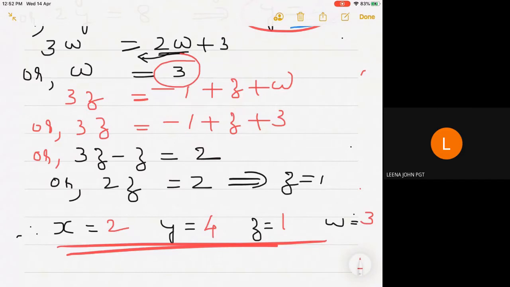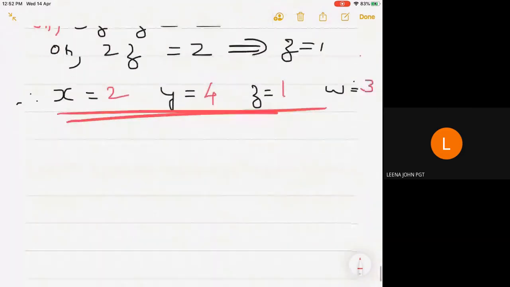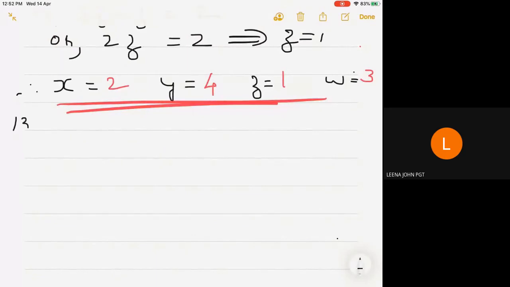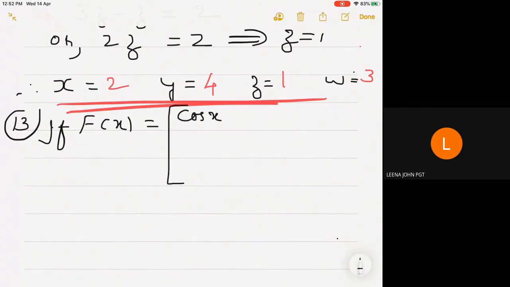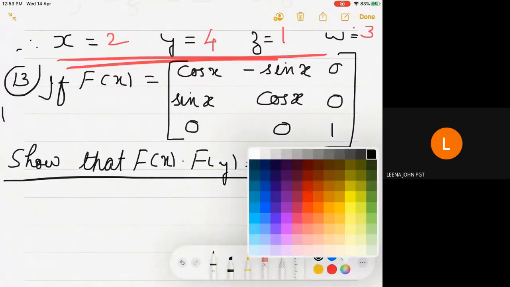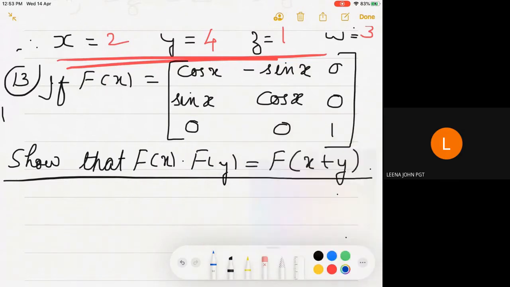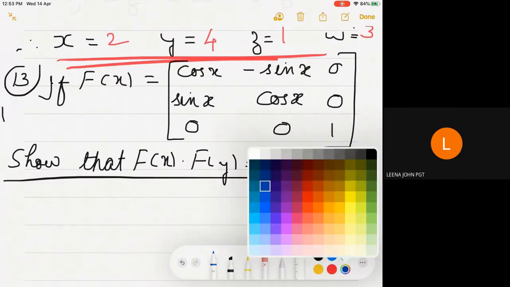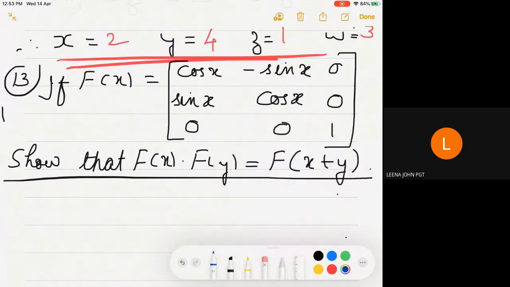Next, question number 13. If f of x equal to capital F of x equal to, you are given a matrix cos x minus, that is, f of x into f of y equal to f of x plus y.